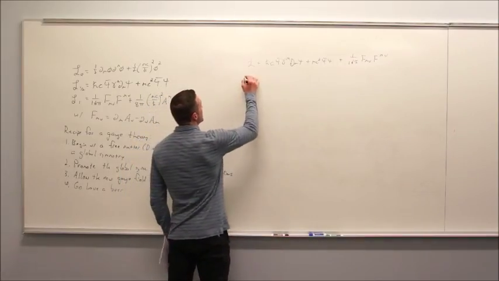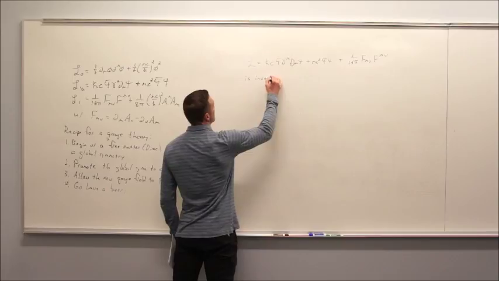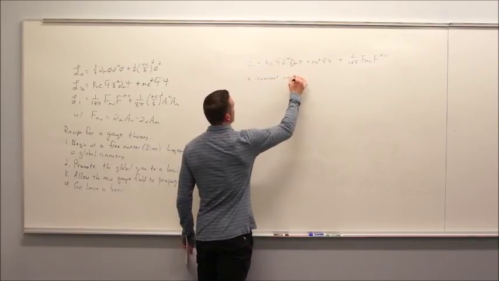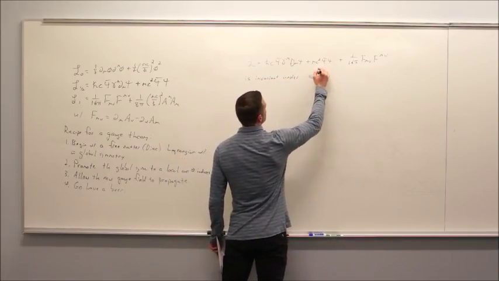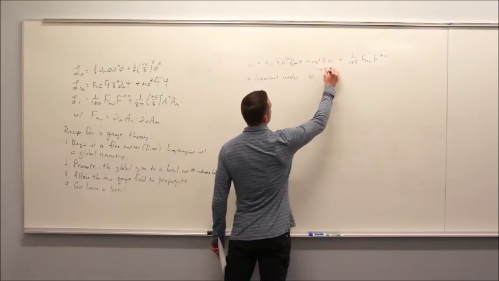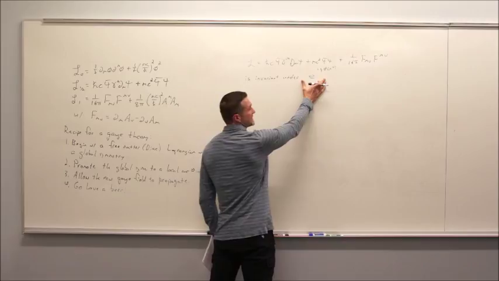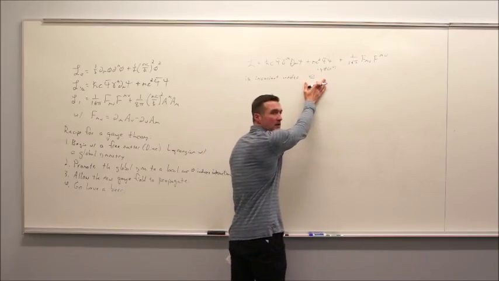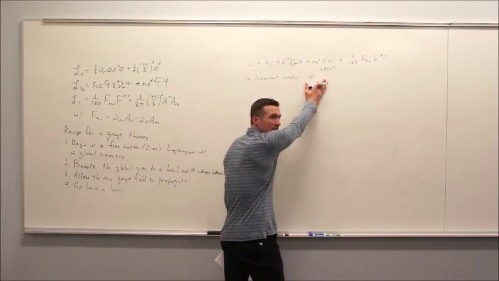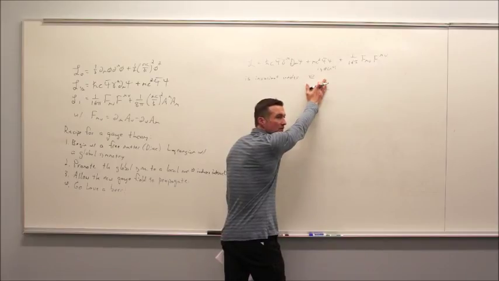Our Lagrangian is invariant under a transformation which takes the form e to the i q phi. Okay? This is a complex number, but it is a complex number of unit magnitude.